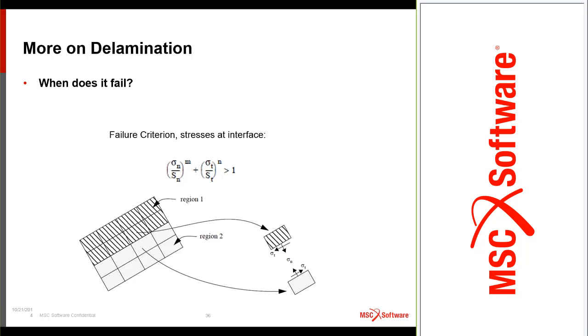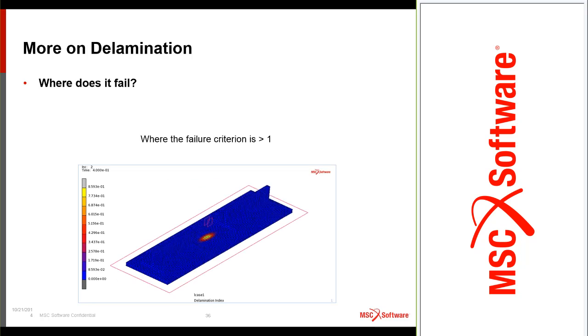So you have the normal stress and tangential stress, and your failure criterion is the normal stress over a user-defined limit plus the tangential stress, etc. And if this expression is larger than 1, we will say this is failed, and we will split up the mesh.